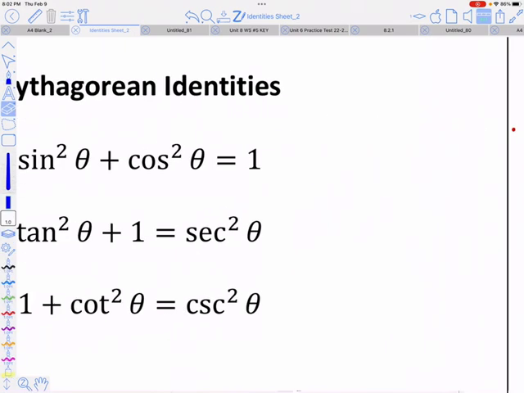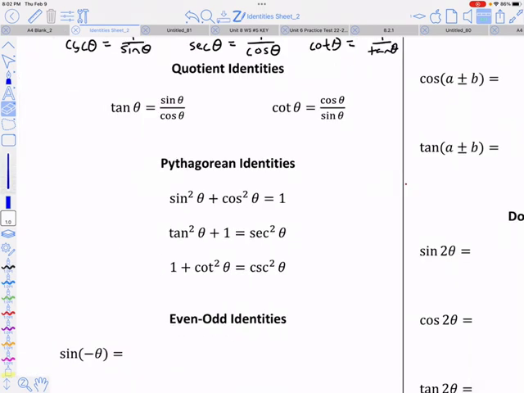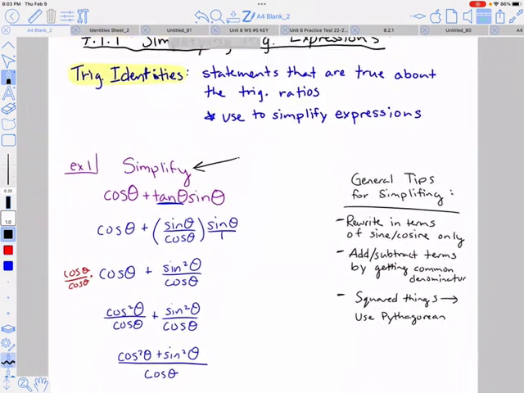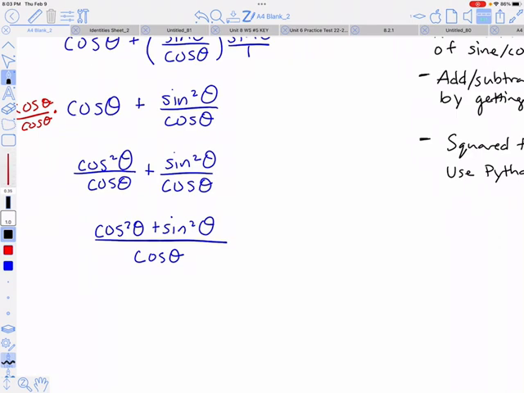But anyway, so I see sine squared plus cosine squared. My Pythagorean identity tells me that that is equal to 1. So I'm going to go back and replace my numerator with 1. Okay, and then I am almost done.